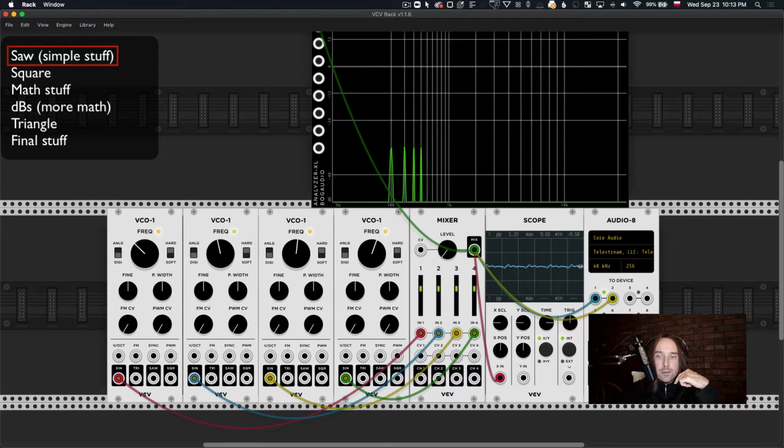And so this is what we hear. Notice immediately how the sound is very coherent, right? It sounds like one note, even though we have 4 oscillators here.